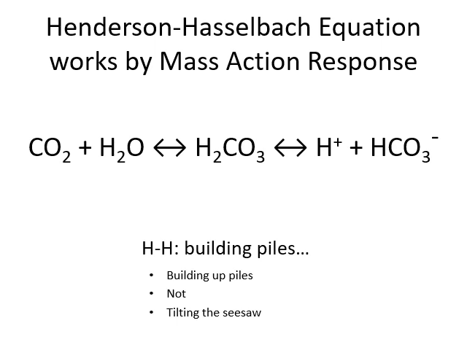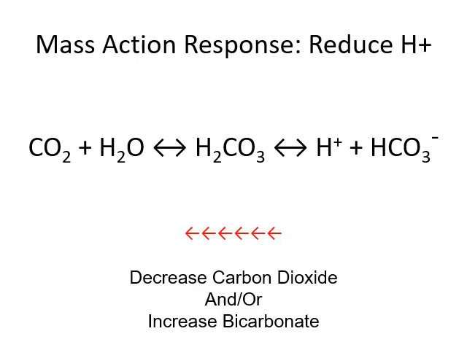So we're going to make some piles here. We're going to do some mass action. We're going to try to decrease the carbon dioxide. This is going to get smaller, or increase the bicarbonate, make this bigger. That's going to make the equation run this way. So that's going to steal hydrogen ions, reduce them, and increase the pH.